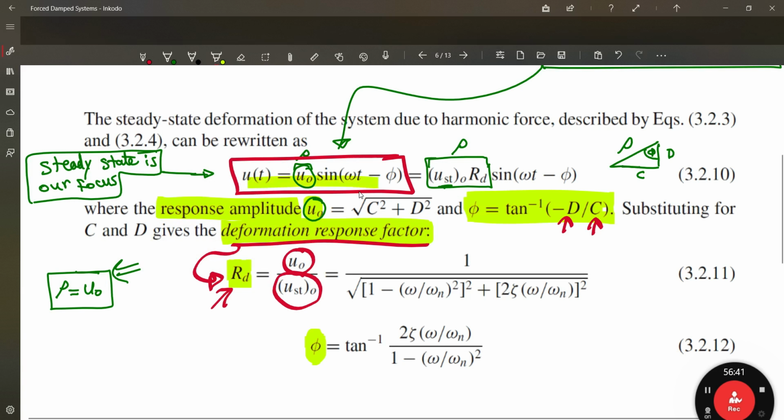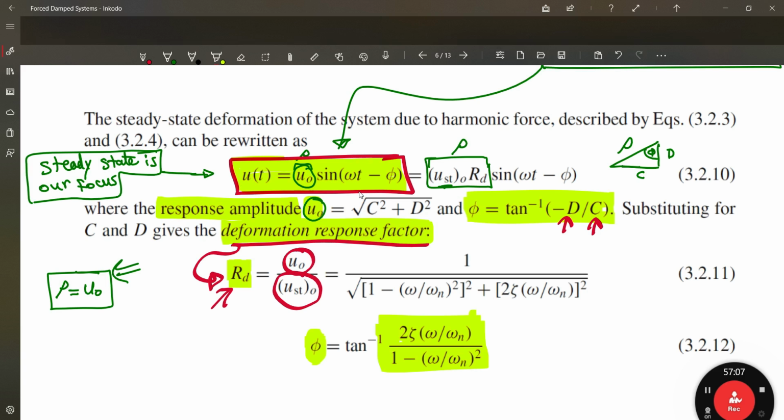This is a simple equation for us to understand: u of t equals the dynamic amplitude times sine omega bar t minus phi, where phi contains the damping ratio, omega bar, and omega n. So we already put everything in a nutshell into this phi.